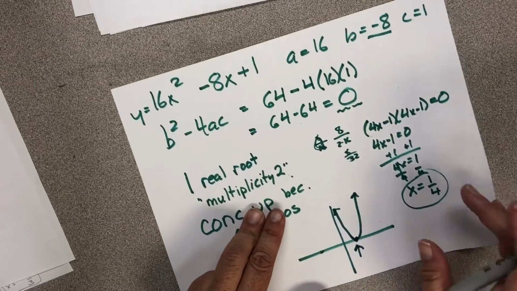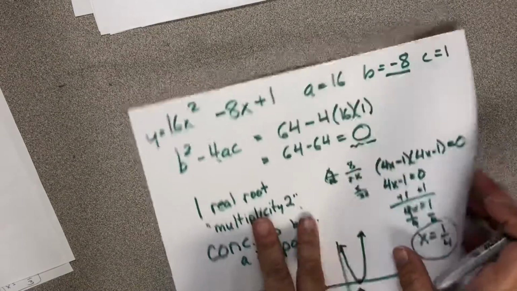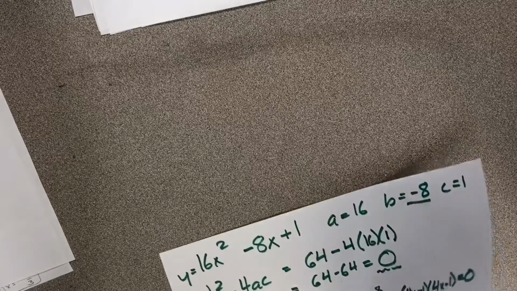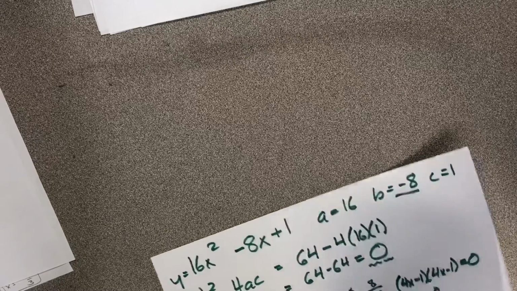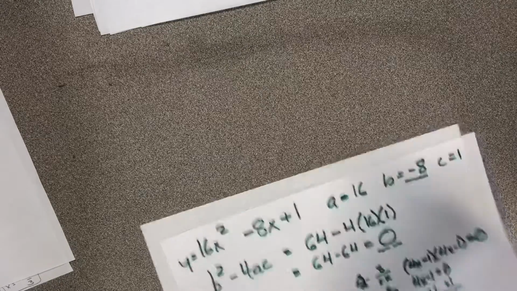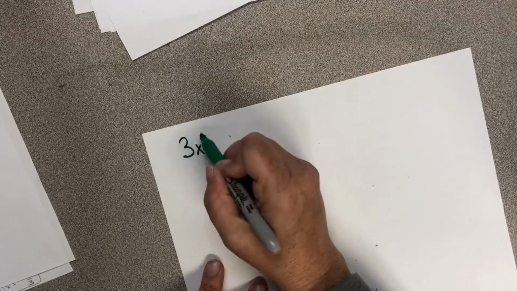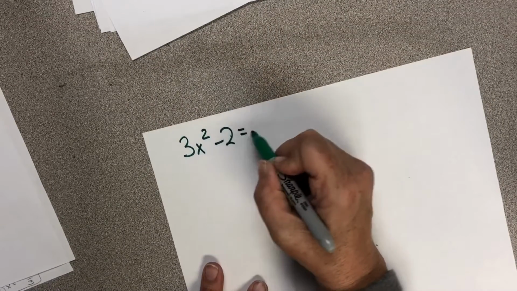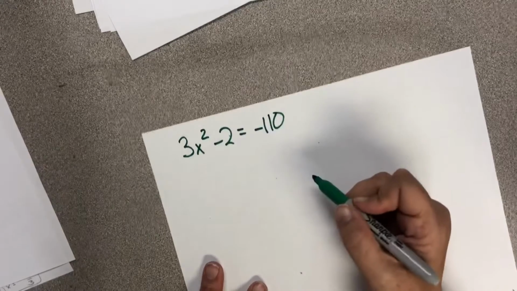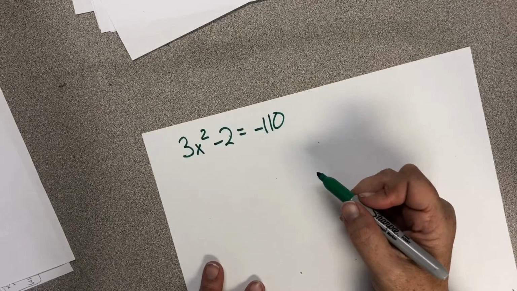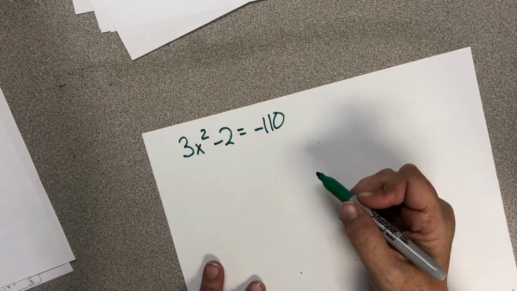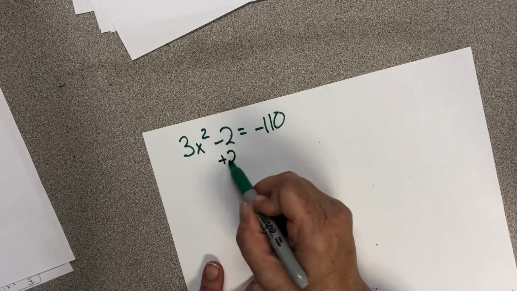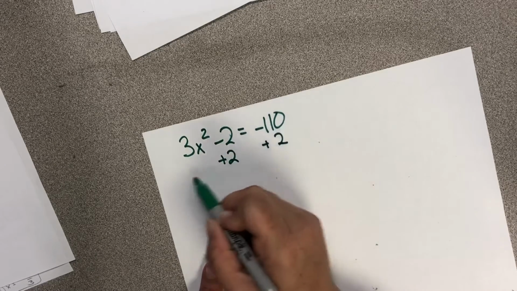Okay, number 9, find the solution. So for number 9, we are to solve for x, because find the solution means solve for x. In fact, that's all we have to do. So let's add 2 to both sides.